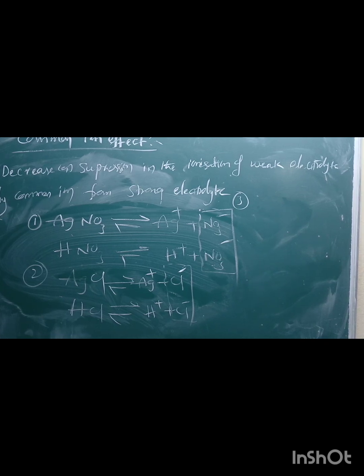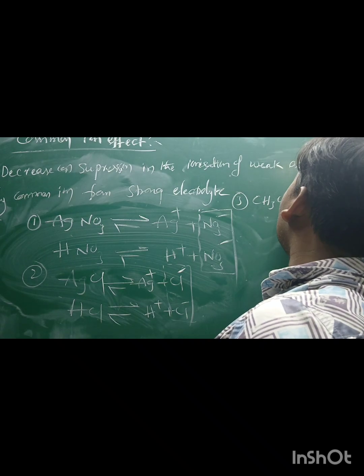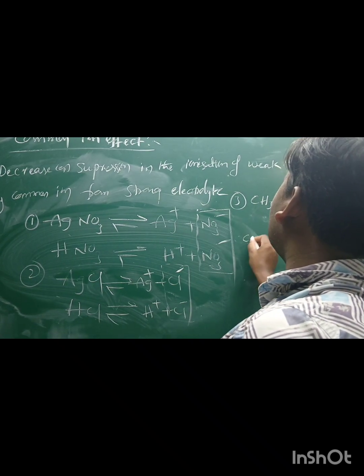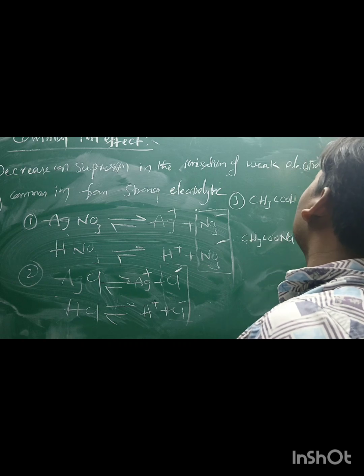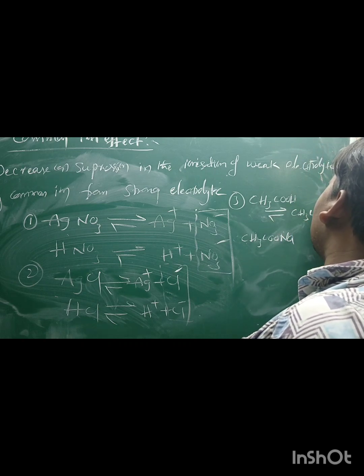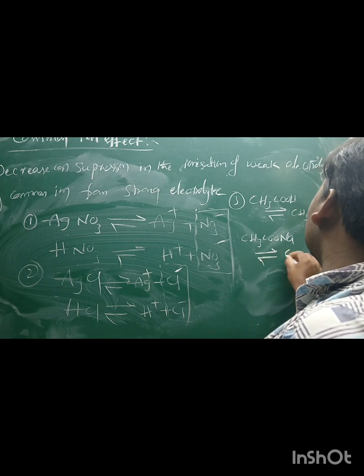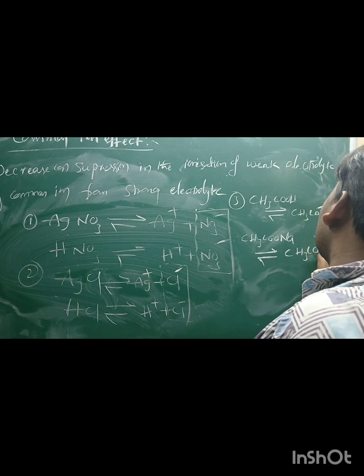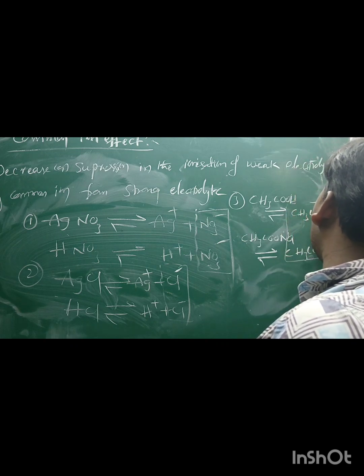The example for common ions: acetic acid and sodium acetate, which can dissociate into its ions, acetate ion and H plus ions. Okay, what is the common ion here? Acetate ions are common.